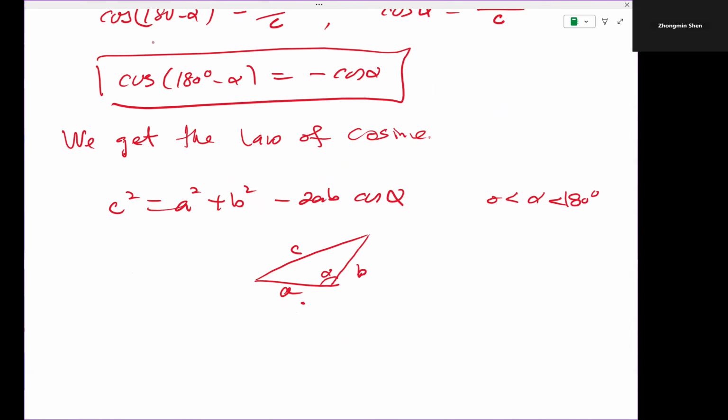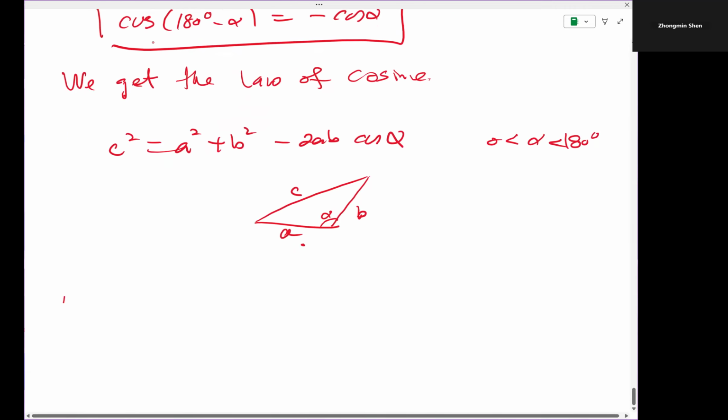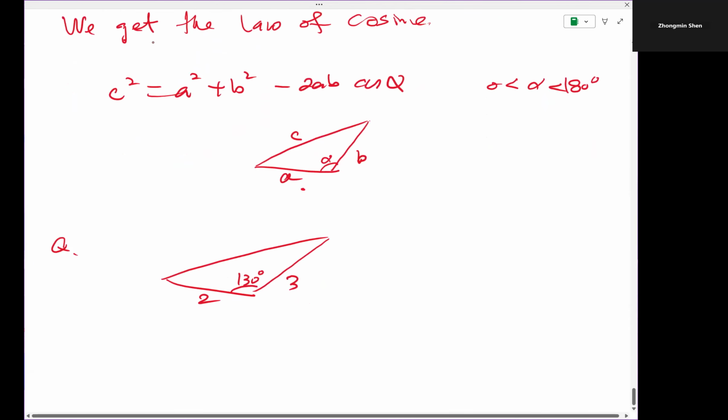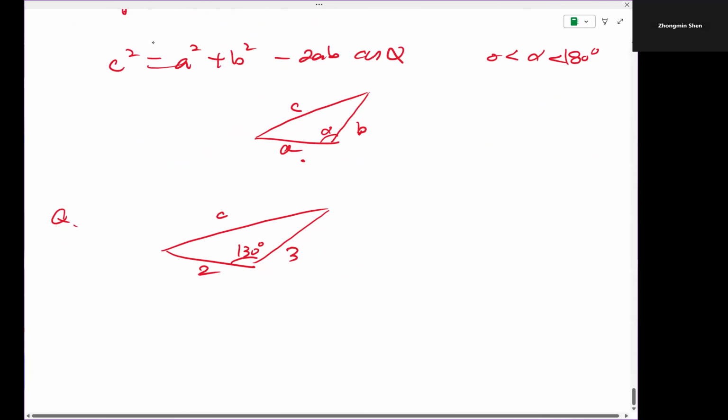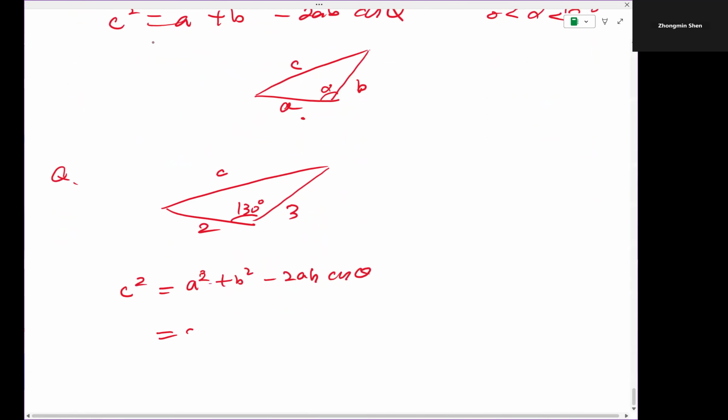So we use that to compute any angles. And here's the example: given a triangle, if this side is 2, this side is 3, and this angle is 130 degrees, find C. So C squared equals a squared plus b squared minus 2ab cosine theta. Use this formula: 2 squared plus 3 squared minus 2 times 2 times 3 cosine 130 degrees. You can use a calculator to estimate.